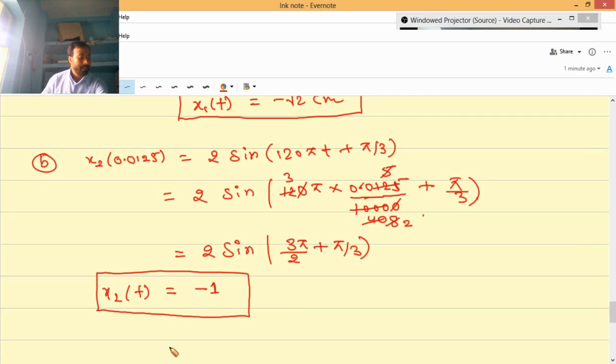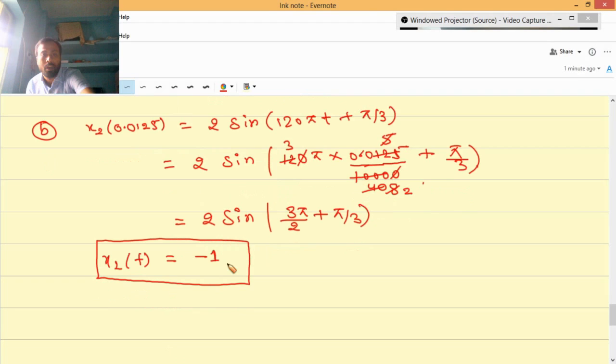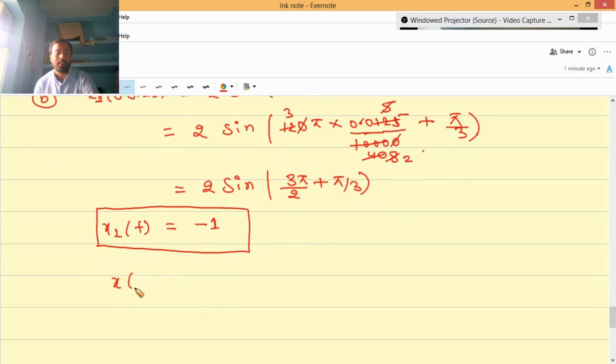So we have now got x1(t) and also x2(t). The displacement of the particle because of these two will be x(t) equals x1(t) plus x2(t). The displacement due to these two simple harmonic motions will be added.